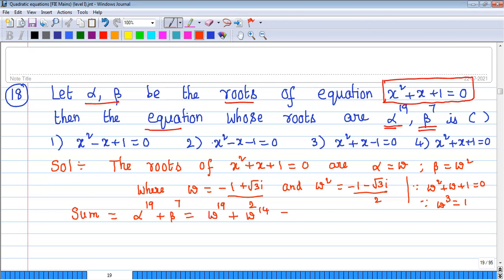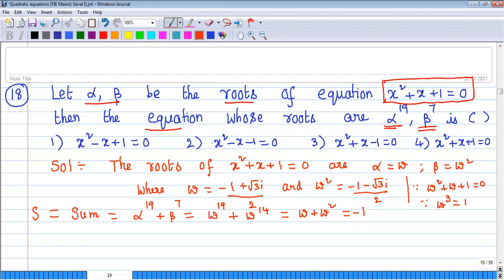So I will tell you one logic. Divide 19 by 3. If you divide 19 by 3, you will be getting remainder 1, because 3 sixes are 18, 19 minus 18 is 1. This becomes omega. Divide 14 by 3, so you will be getting omega square. Omega plus omega square is equal to negative 1. So that means the sum of the roots of the new equation is negative 1.